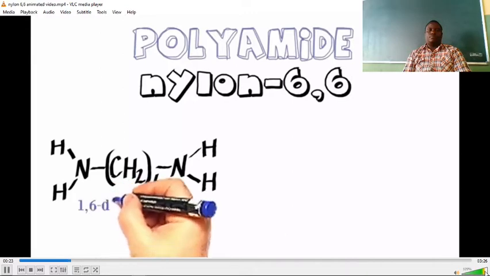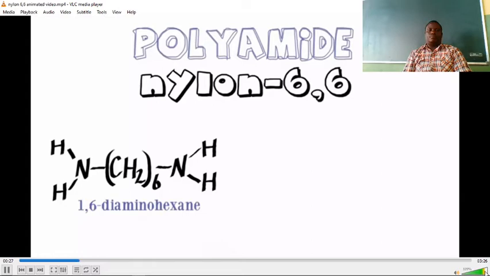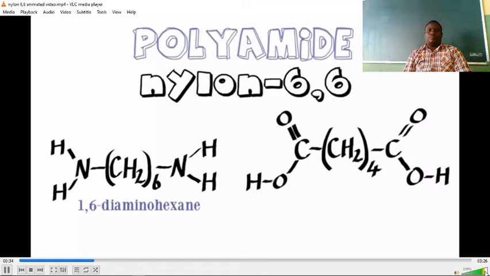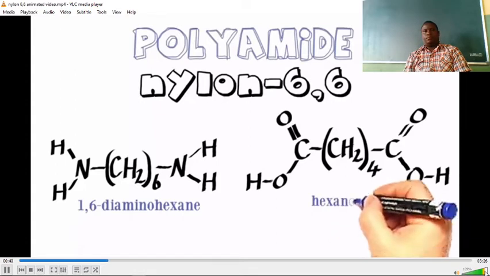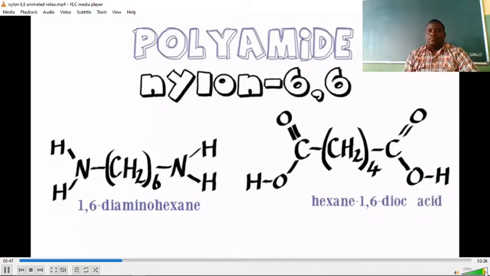You can see that there are 6 CH2 groups with amine groups at both ends, so it's known as 1,6-diaminohexane. And this is the other monomer. You can see that it's a 6-carbon dicarboxylic acid. It's known as hexane-1,6-dioic acid. Let's see how these molecules interact and form an amide link.